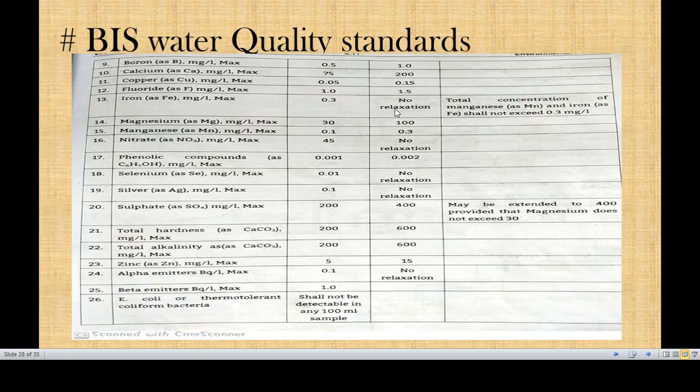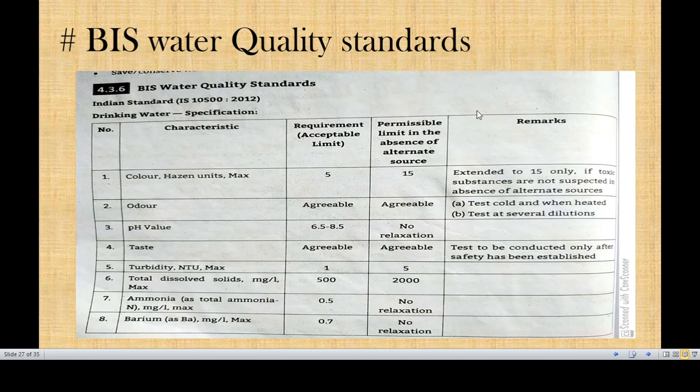If the water content is even a little more than 0.3, it will not be accepted. That means there are methods through which this particular chemical product, this metal, has to be removed and then the concentration will be maintained. That is the part which BIS does.